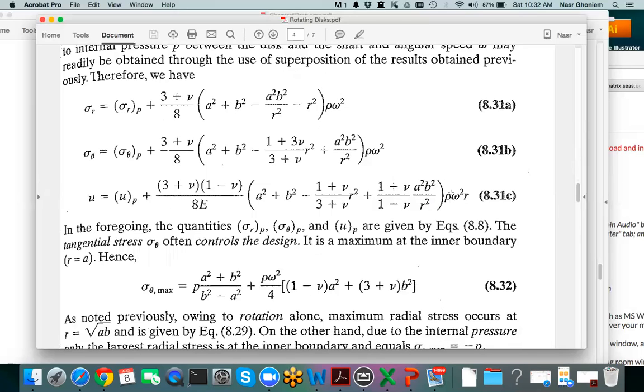The long part of it is the displacement in a rotating disk that has inner radius A and outer radius B, and the first term is the displacement due to the internal pressure from the pressure vessel solution. So with these, I think we can solve this kind of assembly problem.